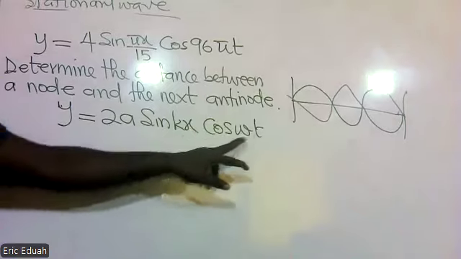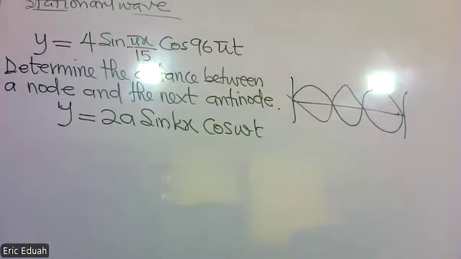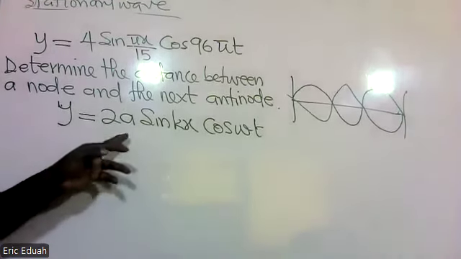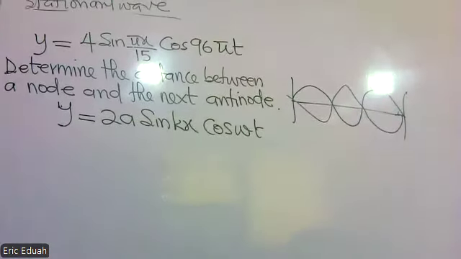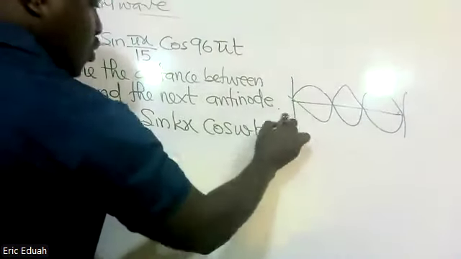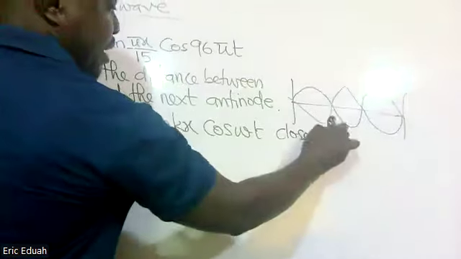Isn't it so? Sin kx cos omega t when it is closed. When it is open, it will be cos kx sine omega t. So this is for closed boundary.